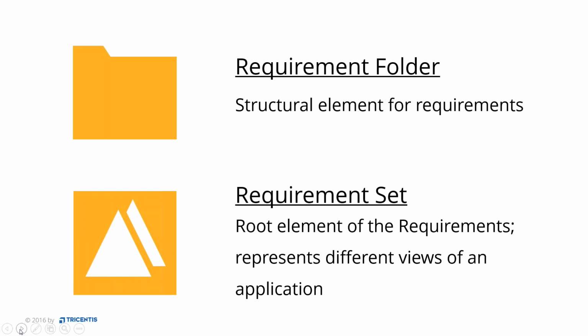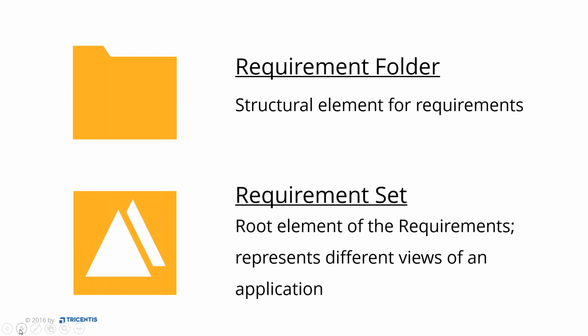Requirement sets are then elements that would belong inside the folder, and these represent different views or aspects of an application. So in one requirement folder, you might be setting up the requirements directly related to one version of your application, or one of your applications.